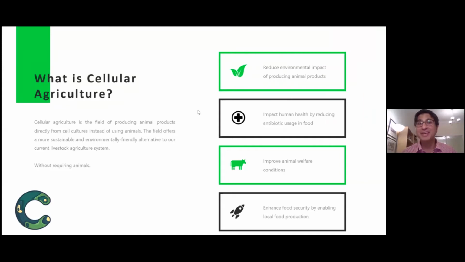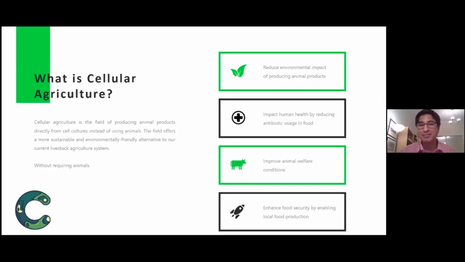And compared to conventional animal agriculture, cell agriculture provides a more sustainable and environmentally friendly way to produce the same products to meet the growing demand for animal products like meat, excuse the pun. Now, besides the incredible fact that it is possible to produce these food products from cells, cell agriculture is frankly going to be critical in developing a sustainable food system for our future.